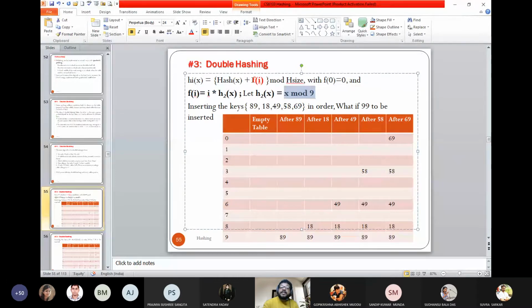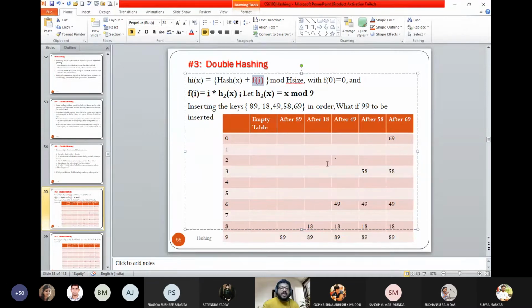Initially, I obtained the hash value 9. 9 plus 4 is 13. 13 mod 10 gives me 3. So 49 has to be stored here. Okay, I have to check the second hash function which is being used.